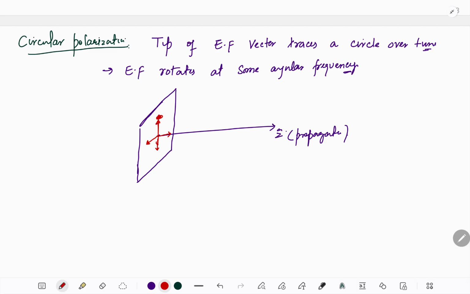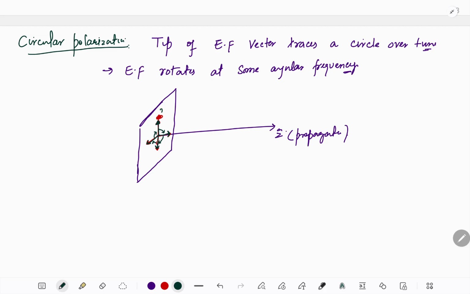Or it may go otherwise. First it was in this direction, then it will go this direction, and that time it rotates clockwise, then this direction, then this direction. So there are both possibilities.